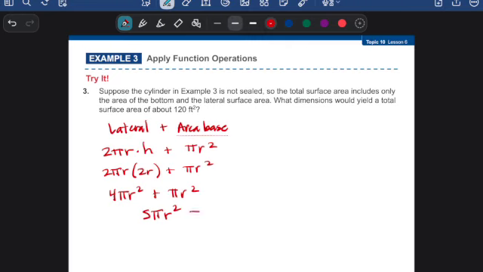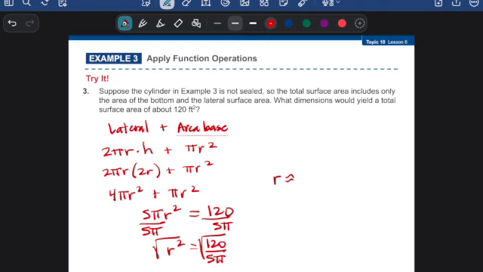Now when that is equal to 120, we can just use our opposite operations and solve for r. So I'm going to divide both sides by 5 pi. And that will give me r squared. And then, of course, to get r by itself, I need to take the square root of both sides. So in your calculator, you're going to do the square root of parentheses 120 divided by 5 pi.